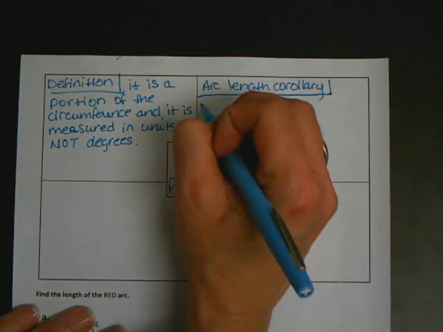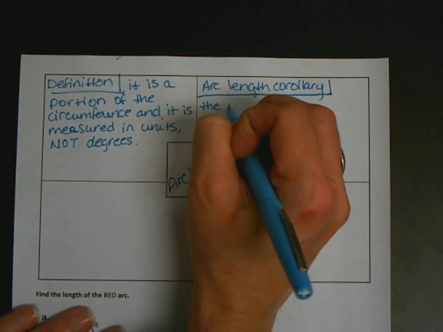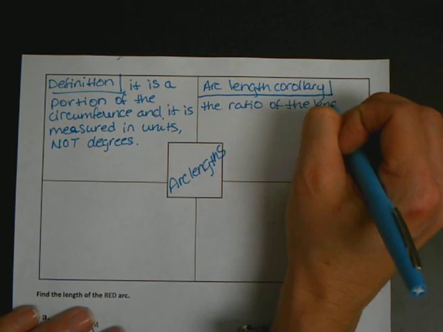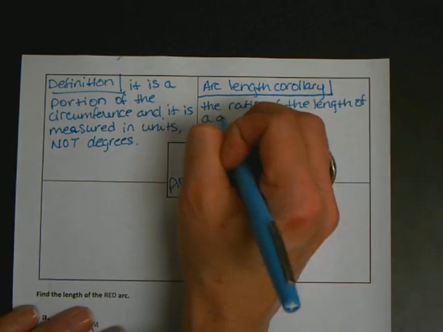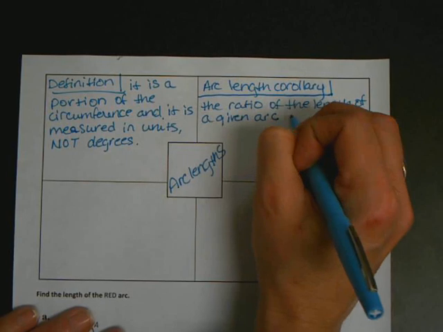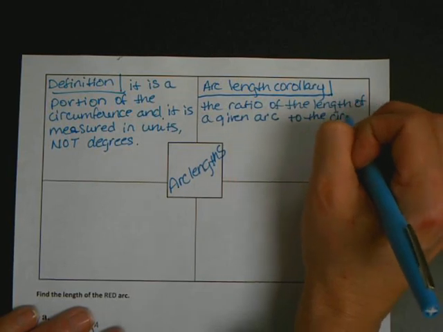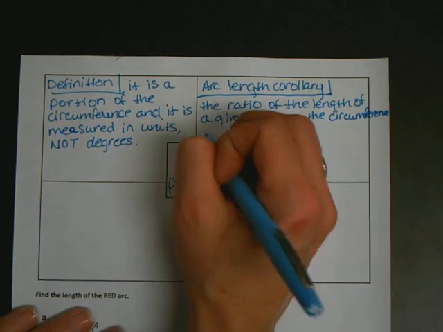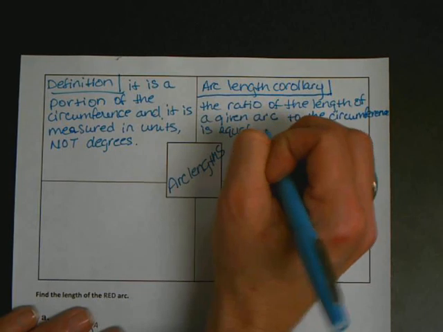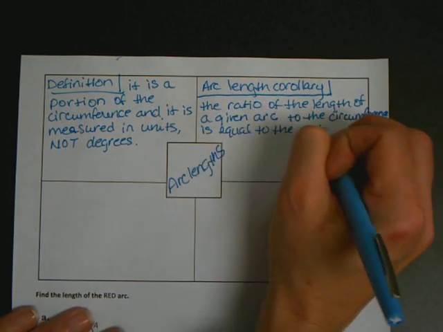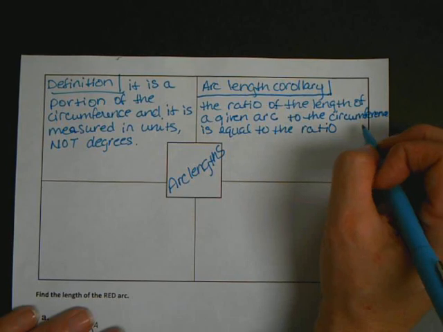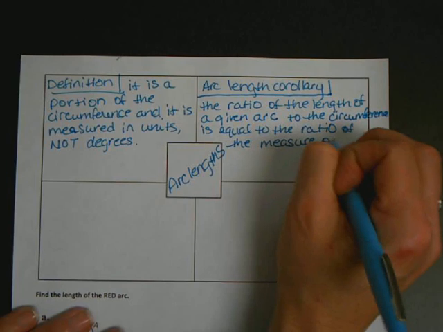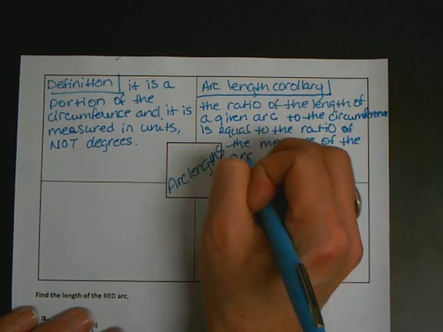So the arc length corollary is the ratio of the length of a given arc to the circumference is equal to the ratio of the measure of the arc to 360 degrees.